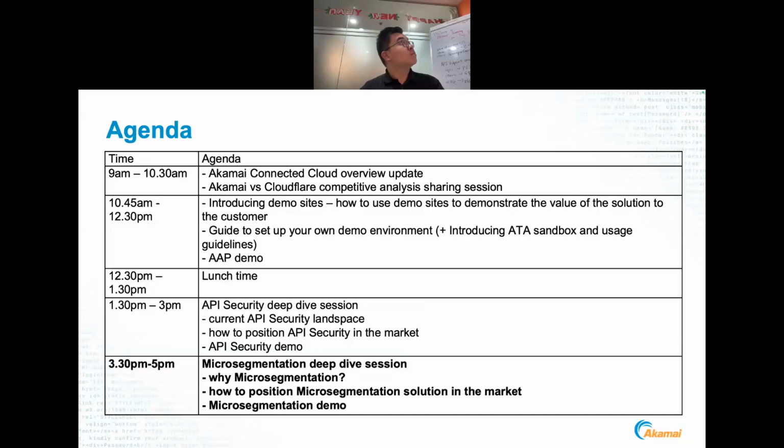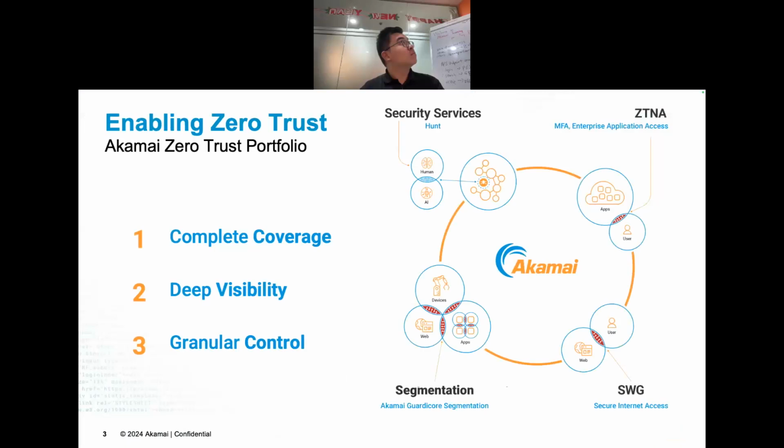Okay, let's start the session. This one will be more of a sharing session, especially for the microsegmentation solution. For your information, our microsegmentation solution is part of the Zero Trust portfolio.